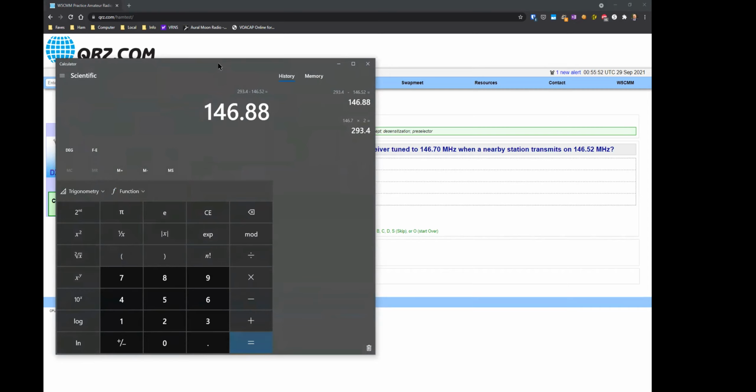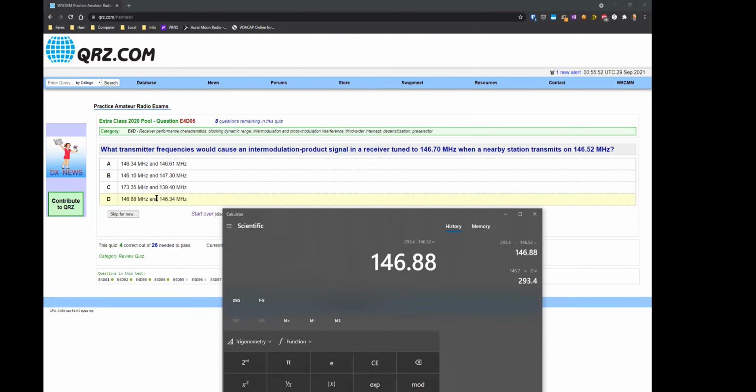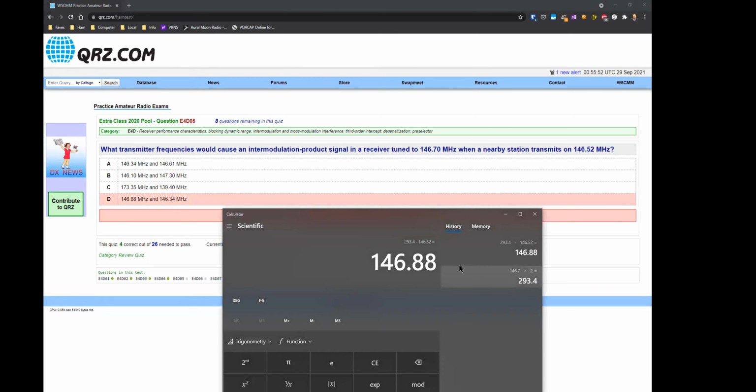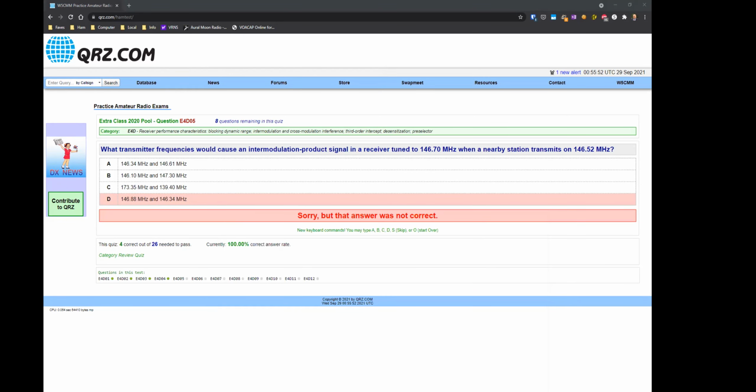So 146.88 is going to be one of the answers. I think the issue was that the formula you're referencing is equal to F mod, which is 146.7. Did you put that on the left-hand side of the equation?